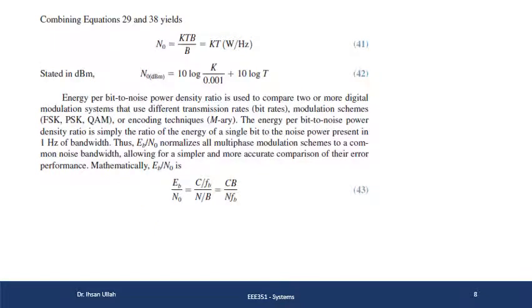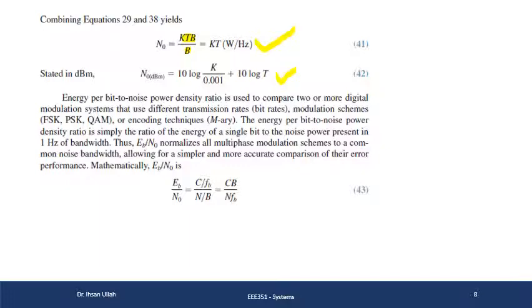Now combining the previous two, equation 29 and 38, you can get this expression, where N was the thermal noise power and B is the bandwidth. And if you want to compute it in dBm, you can use this formula.